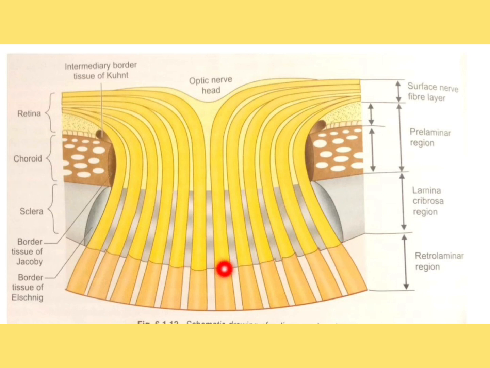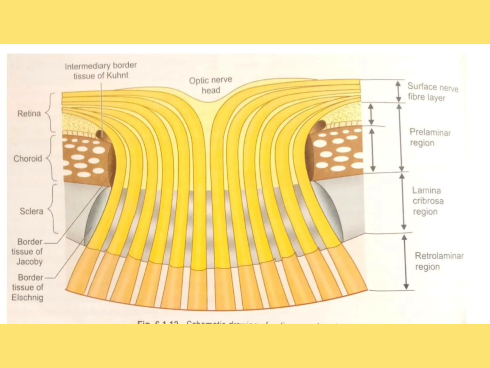There is a normal pressure gradient between intraocular pressure and intracranial pressure that is faced by this retrolaminar region. So an increase in the intracranial pressure will lead to more pressure in this region, which will lead to increased tissue pressure on the nerve. Increased tissue pressure on the nerve will lead to interruption of the metabolic process of normal axoplasmic flow, which will lead to swelling of the optic disc.